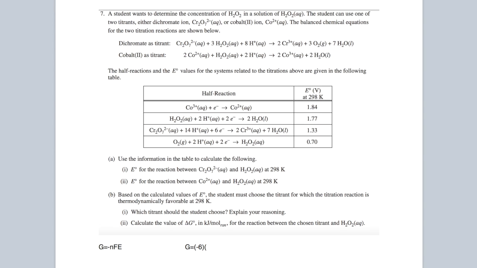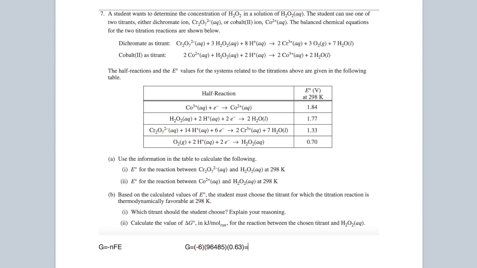So ΔG equals negative 6 times Faraday's constant, which is just on your equation page, so don't worry about memorizing this number, 96,485, times our E value, which is 0.63.